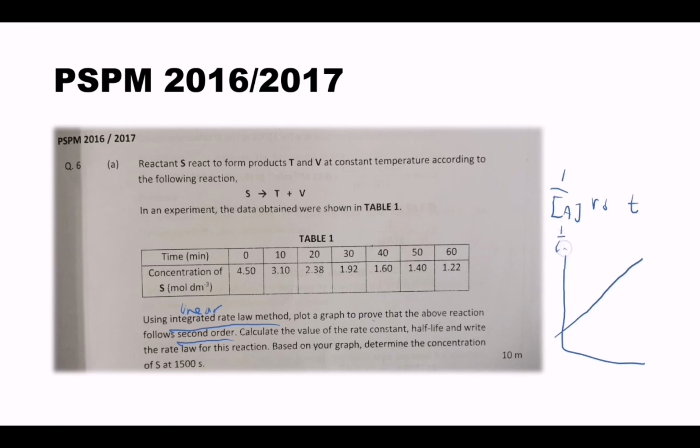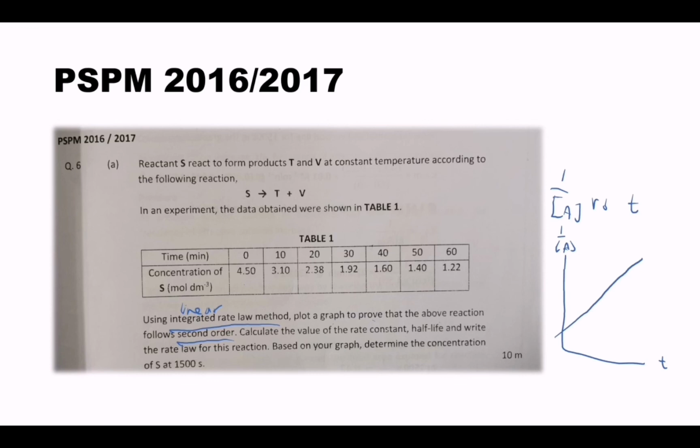Okay, plot 1/[A] versus t. So, from the linear graph, you can find the rate constant from the gradient and you can use equation of half-life for second order untuk cari nilai half-life dia.